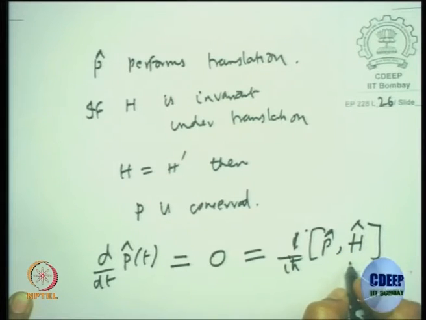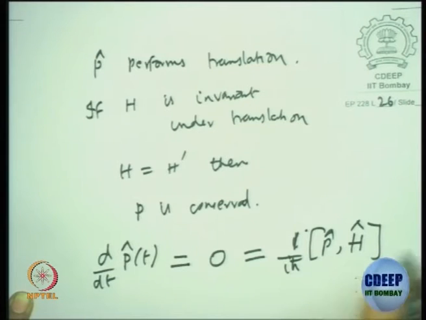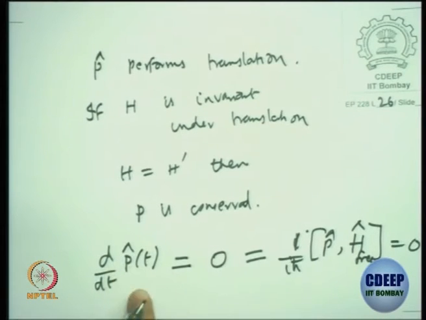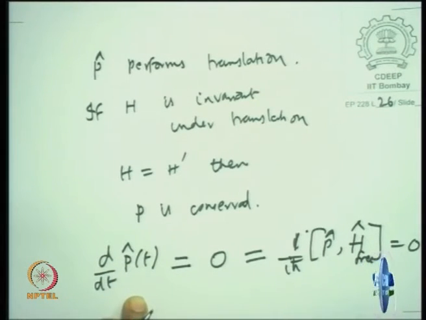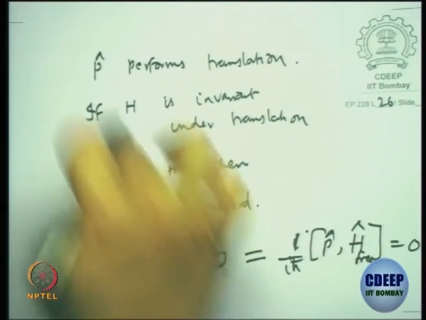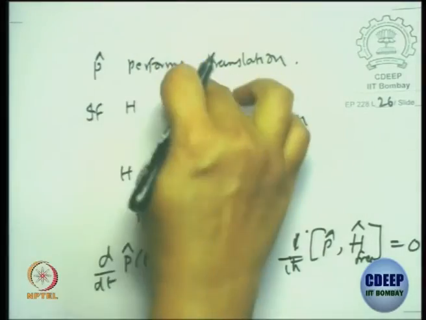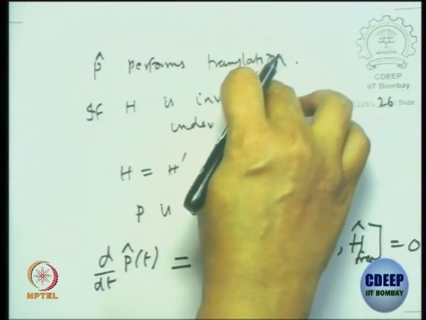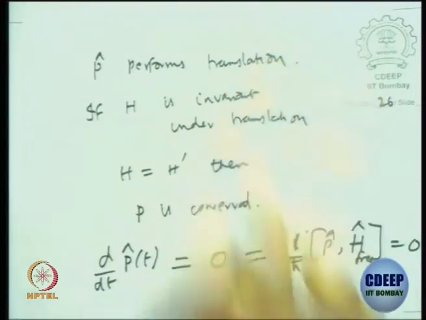Is this 0 for a free particle? For a free particle, it is 0. If this is 0, we know momentum is conserved, or matrix elements of the momentum operator do not change with time. It's a constant of motion. And this operator is the one which performs for you the transformation, which is translation.